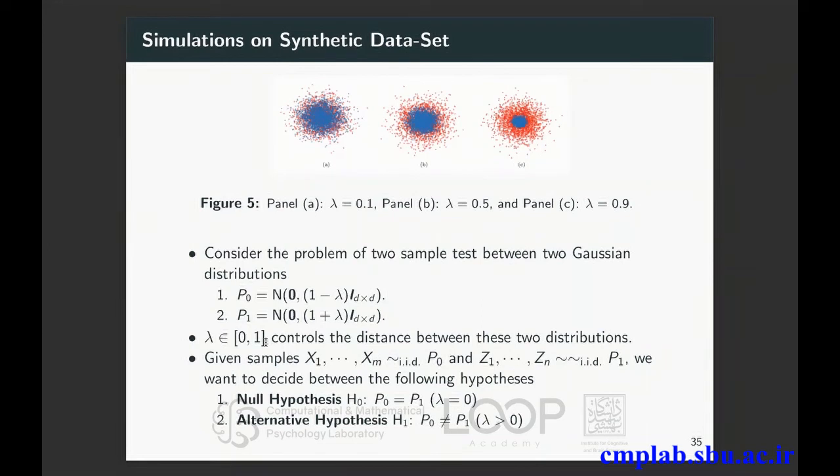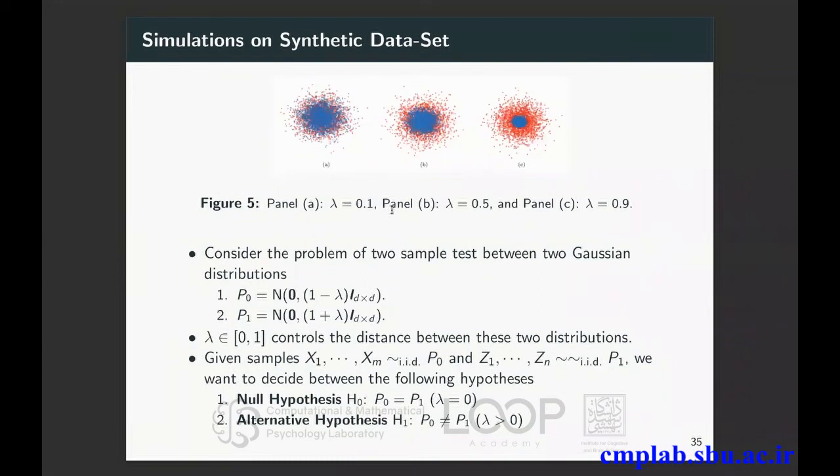For lambda equal to 0, I have a distribution similar to a standard multivariate Gaussian distribution. As lambda approaches 1, you have two separate distributions. Here in figure 5, I'm showing you the samples from these distributions.